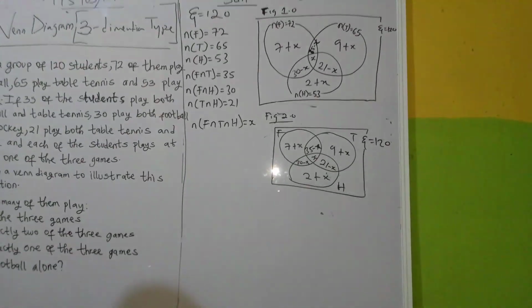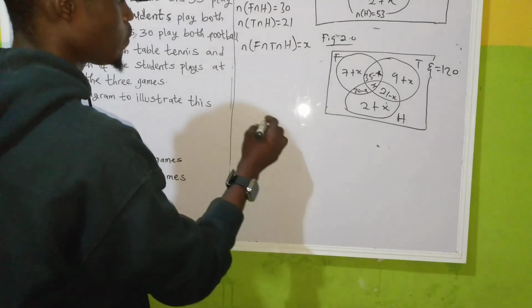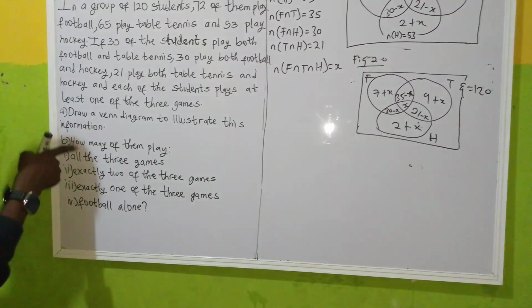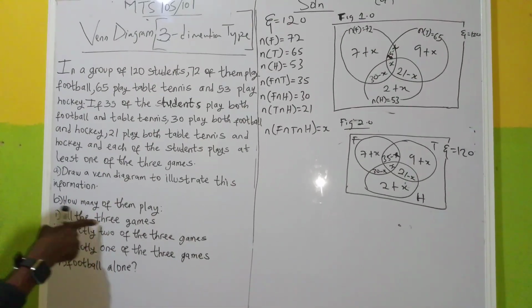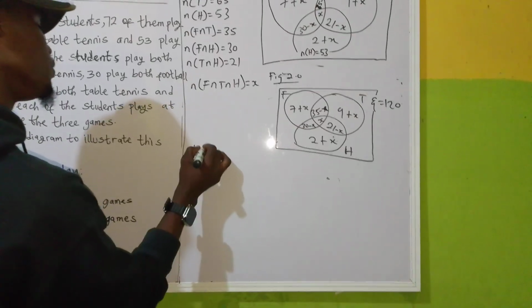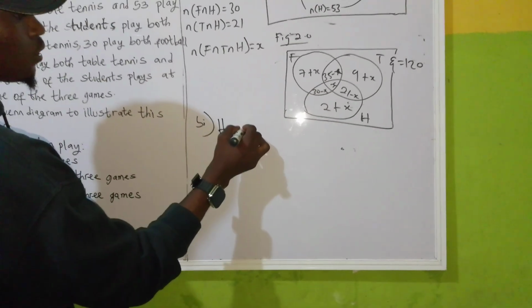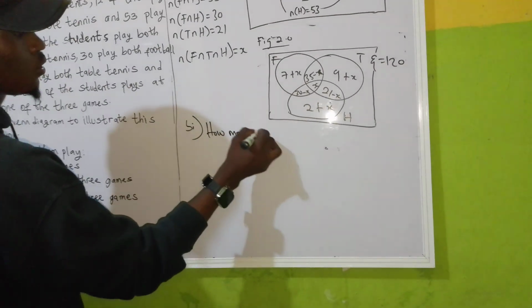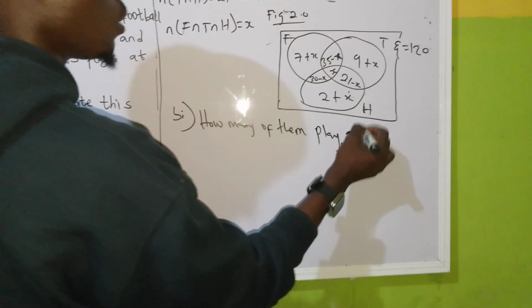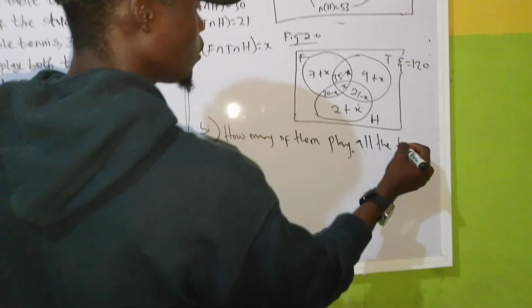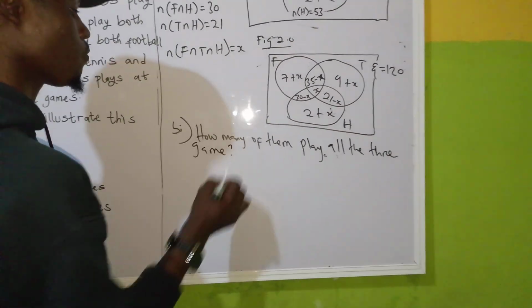So now let's solve the problem using this Venn diagram. They ask, question B(i): how many of them play all the TV games?